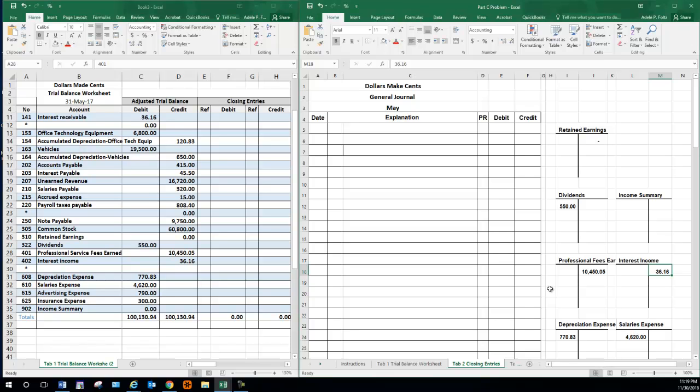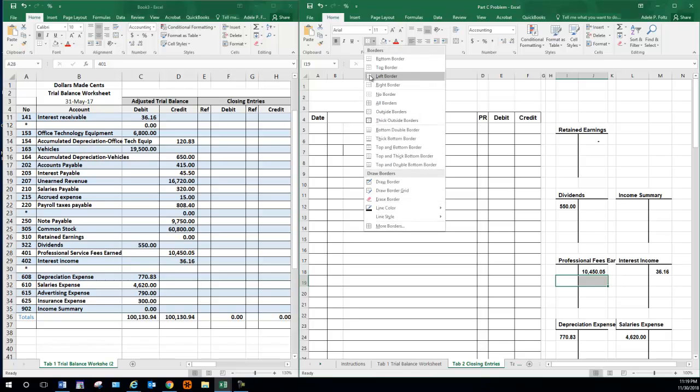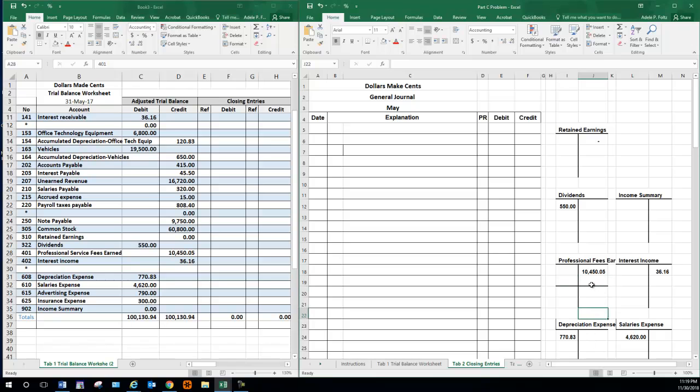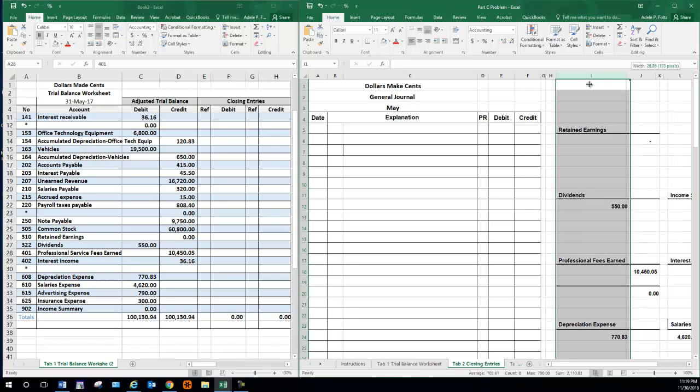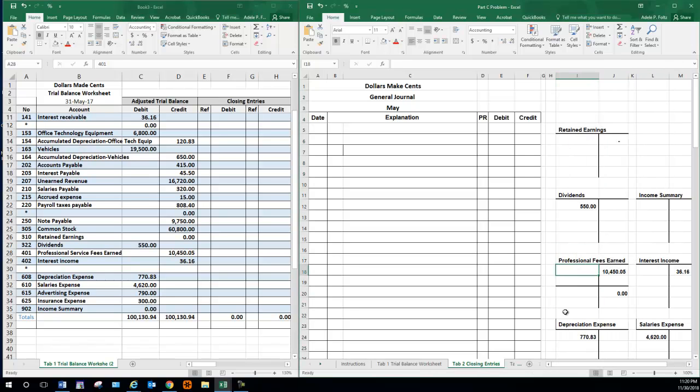Well, I want these balances to be zero, that's what I'm trying to do. The first thing I'm going to do is close out my balances to zero. I want this to be a zero. In order for that to be a zero, I need to debit the account $10,450.05.